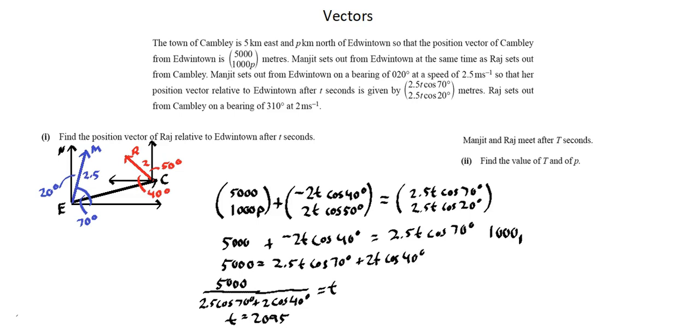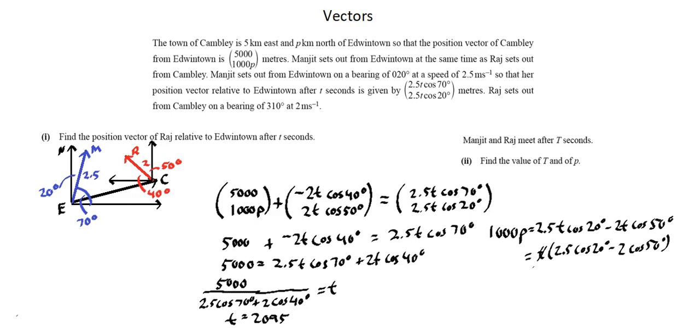1000p equals 2.5t cosine 20 degrees minus 2t cosine 50 degrees, which is t times (2.5 cosine 20 degrees minus 2 cosine 50 degrees).